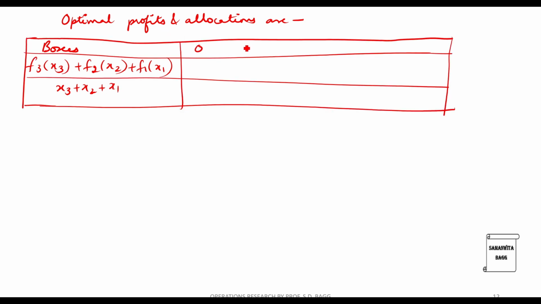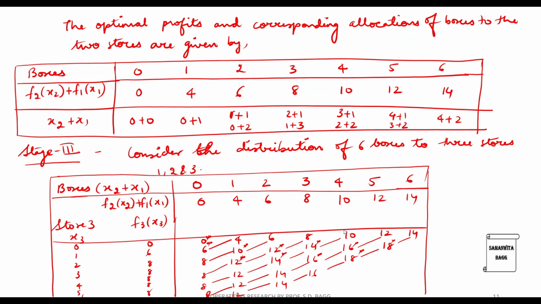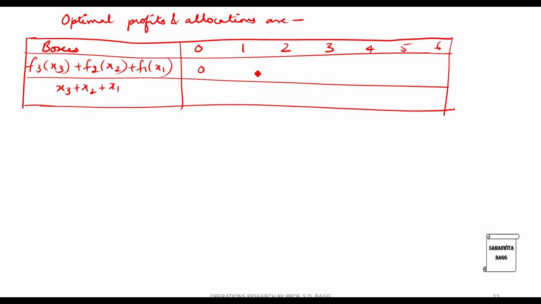Here we have numbers 0, 1, 2, 3, 4, 5, 6. Then we have the profits. That is the maximum value we found over here. So this is 0, 6, 10, 12, 14, 16, 18.